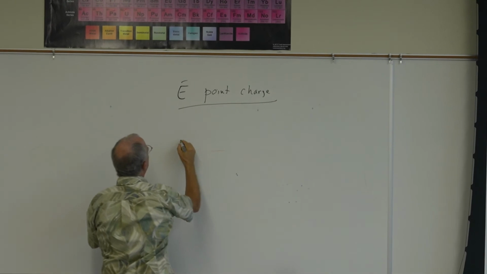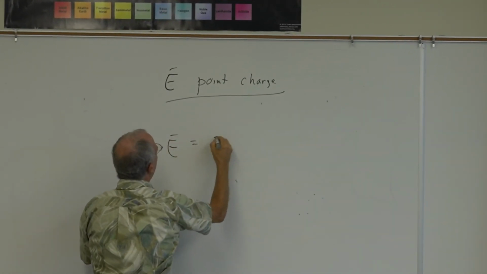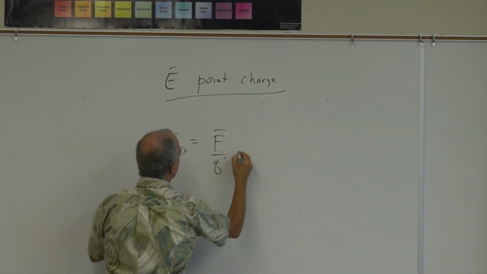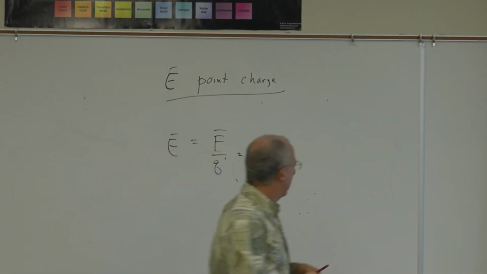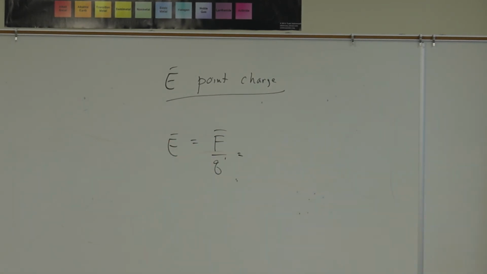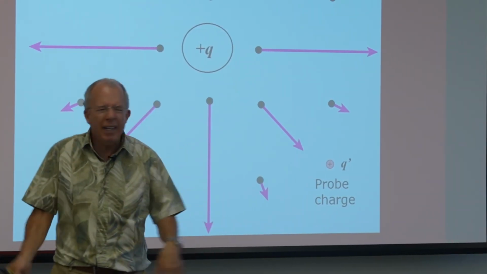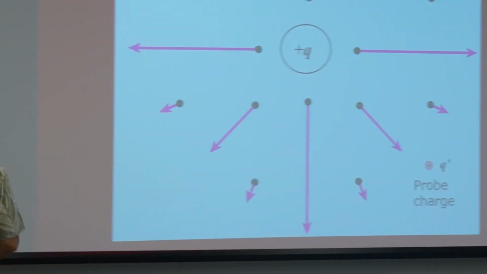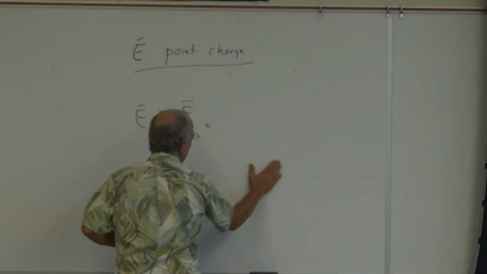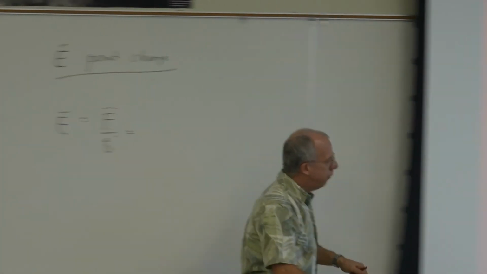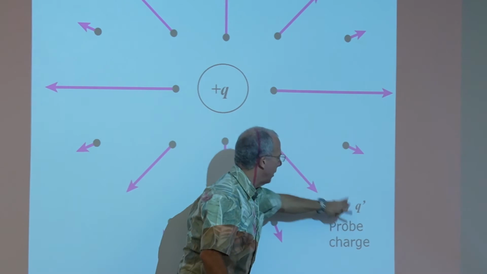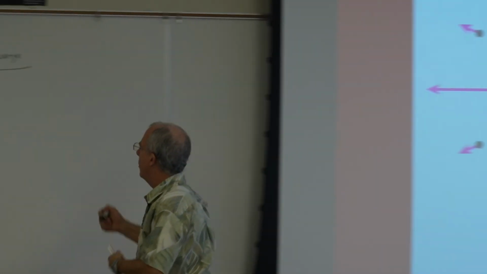All right, so here's the definition. The E field is the force divided by the probe. Sometimes they put this little prime here, just to emphasize it's a probe. It's just a charge, though. According to Mr. Coulomb, what's the force between these two objects? What do I write?